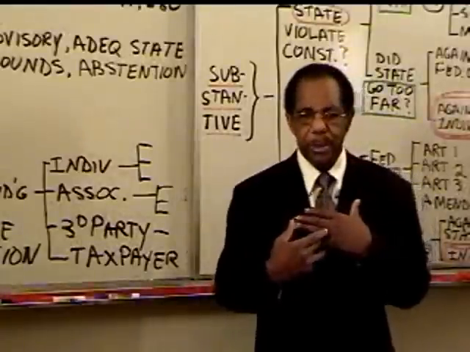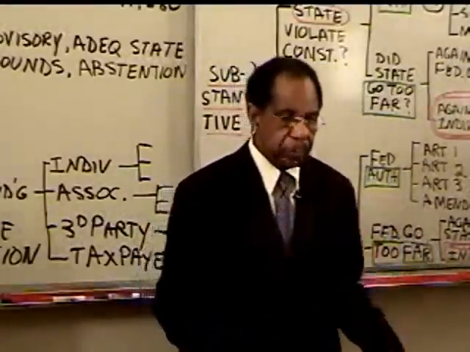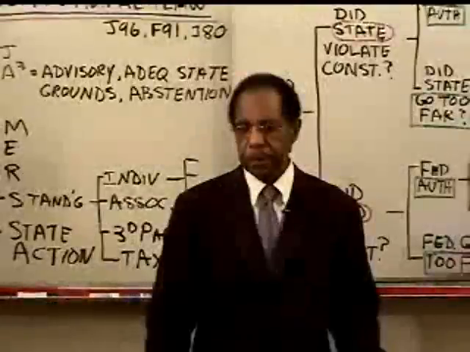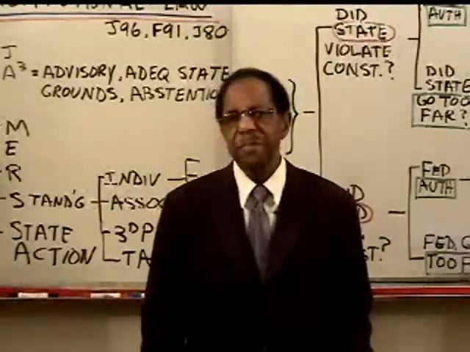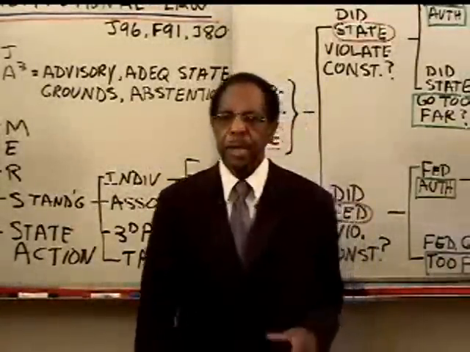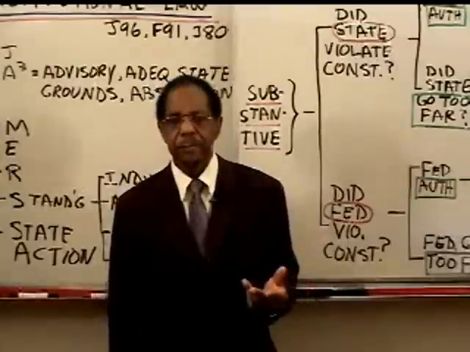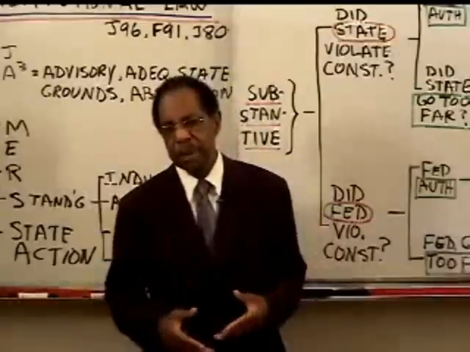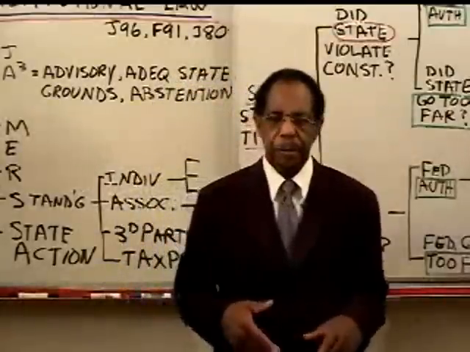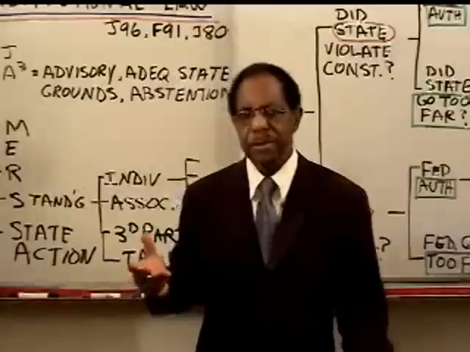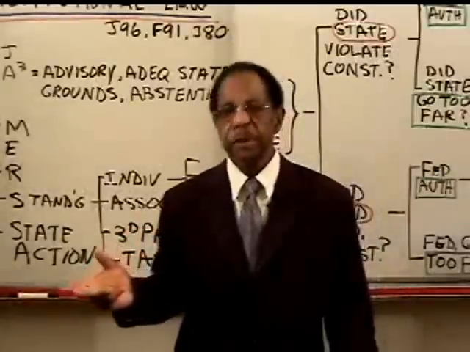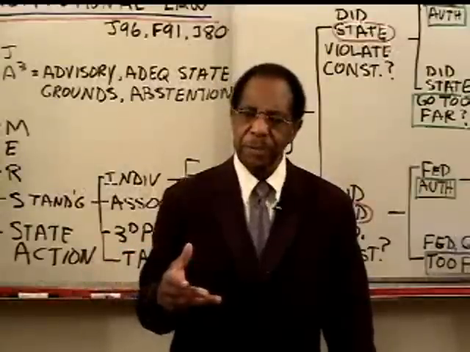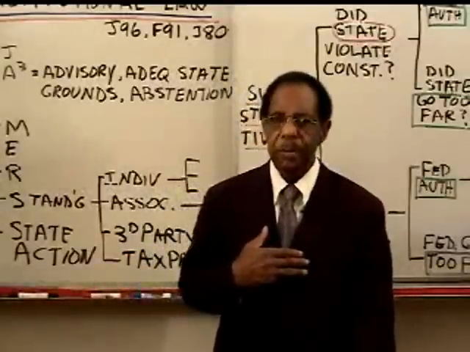Craig versus Boren, a case where the state had a law that said males had to be 21 years old to buy beer, and females could buy it at 18. Well, the person who owned the bar said, my rights are injured because if I sell liquor to an 18-year-old male, I'll get prosecuted.